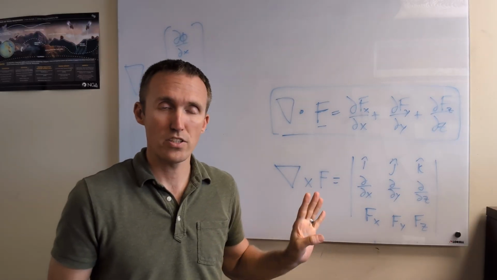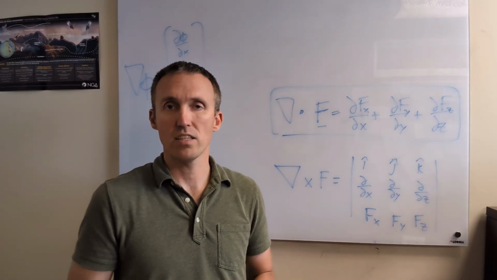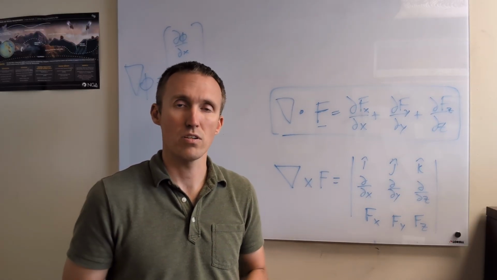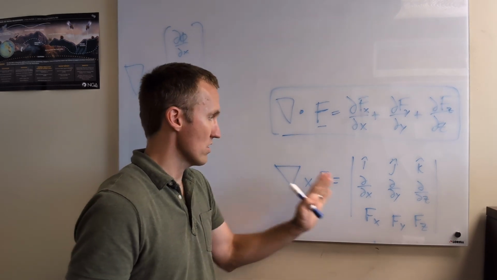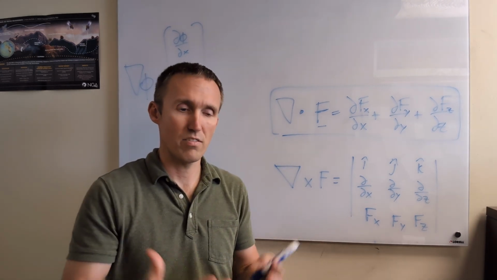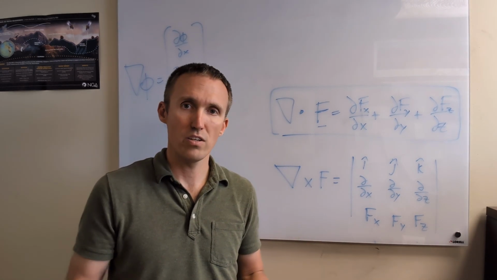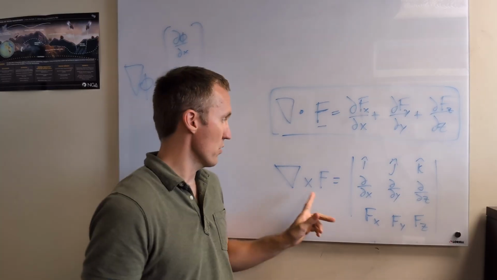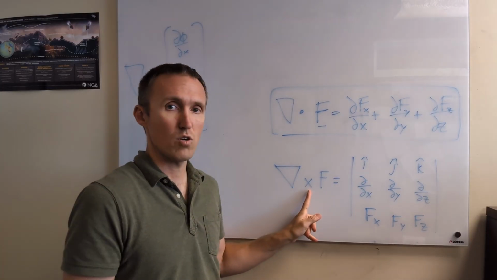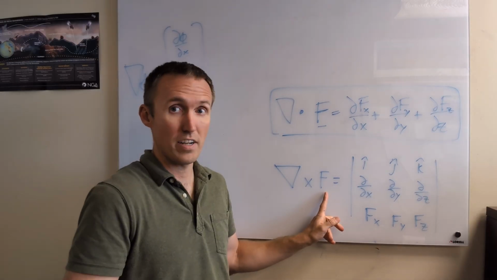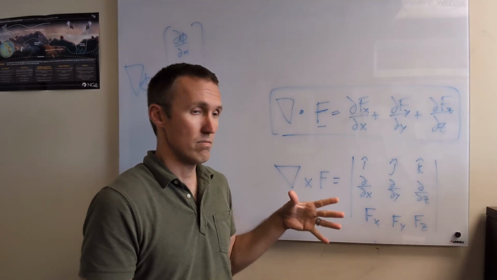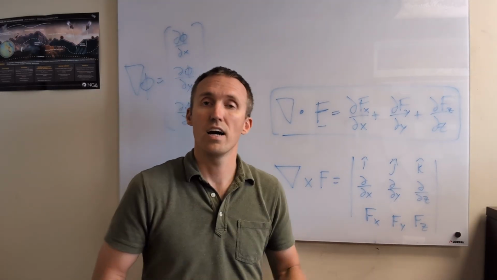So again, we'll talk about this in more detail for the specific cases that we're going to look at with gravitational and magnetic fields. But for now, here's our definition of the curl, and it's kind of a rotational field around another vector field. So here we have a vector. We're taking a cross product of another vector, a vector field, and that result is going to end up being another vector field.